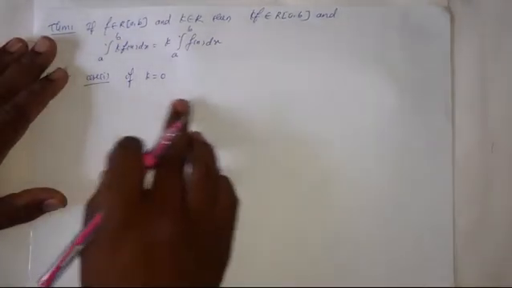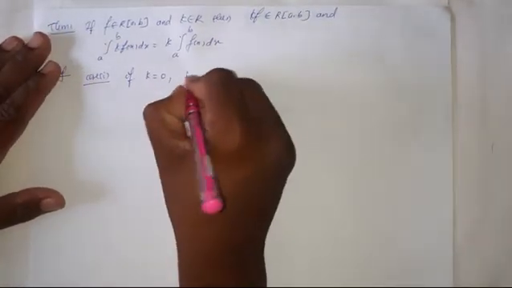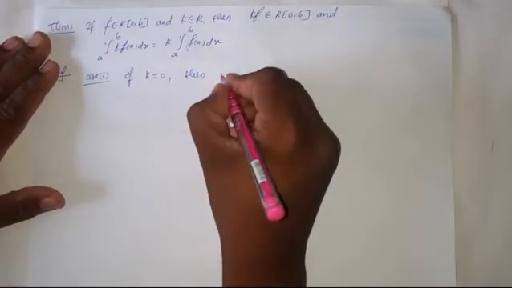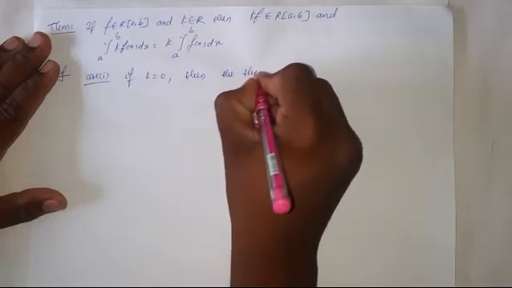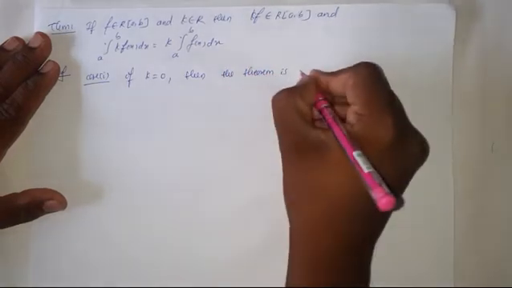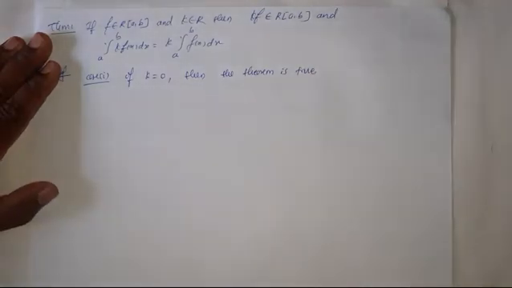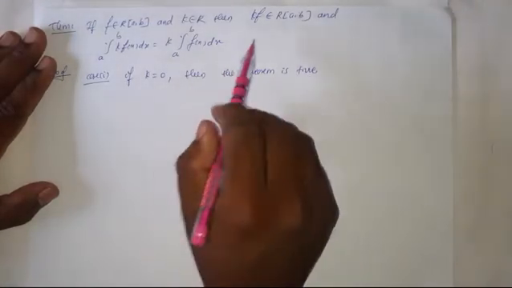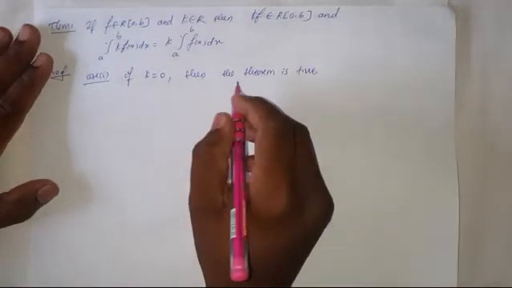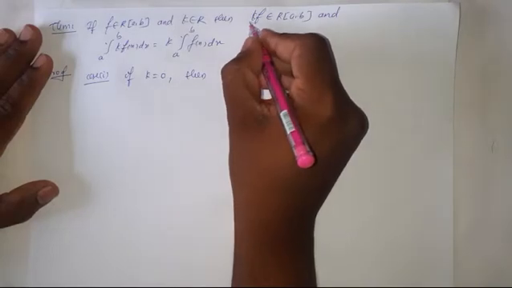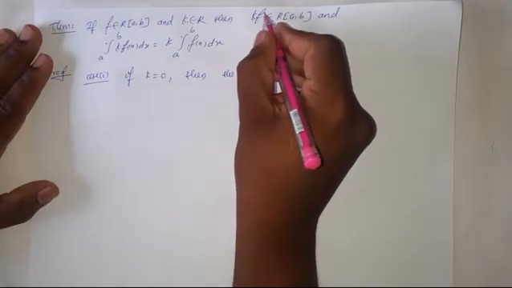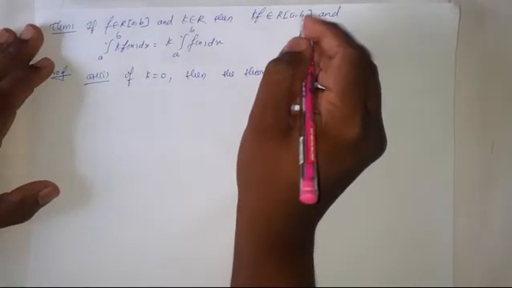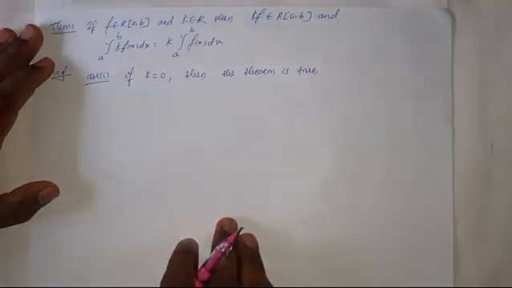So if k is equal to 0, then the theorem is true, since a constant function is Riemann integrable. After multiplying 0 to f, the total becomes 0, which is the constant. So hence it is a Riemann integrable function.